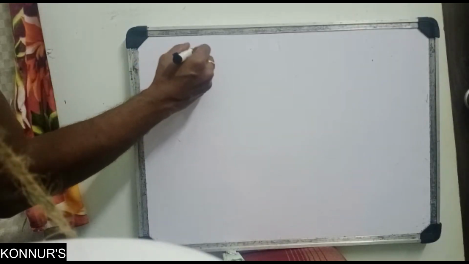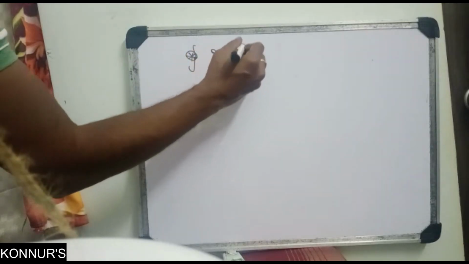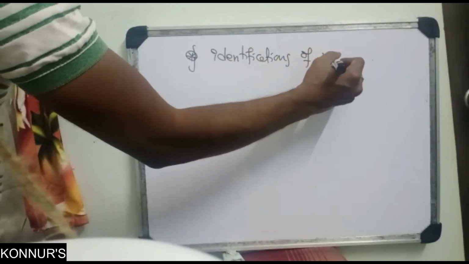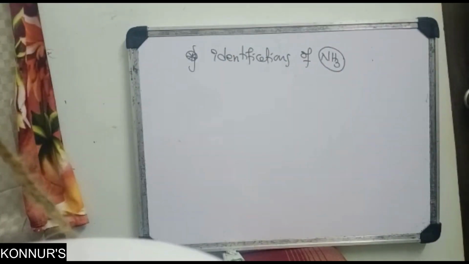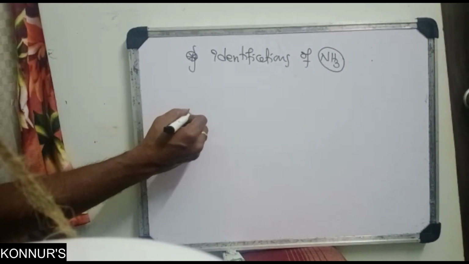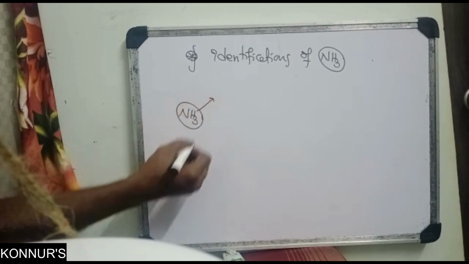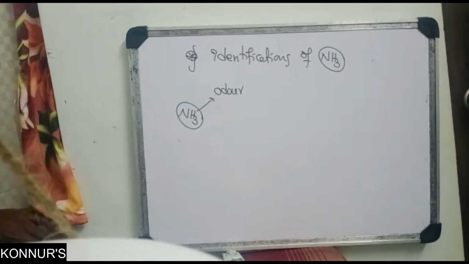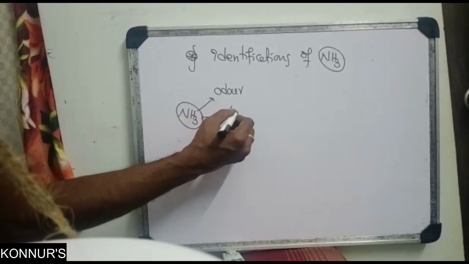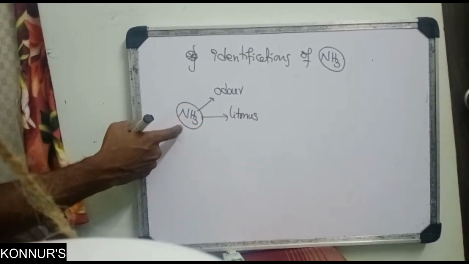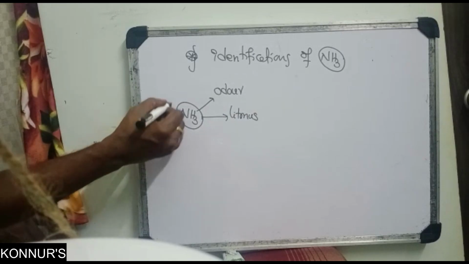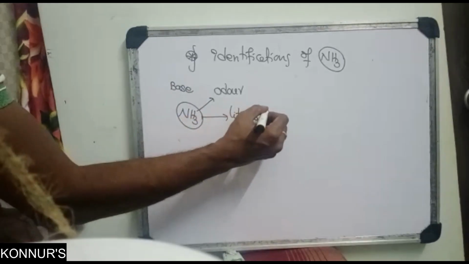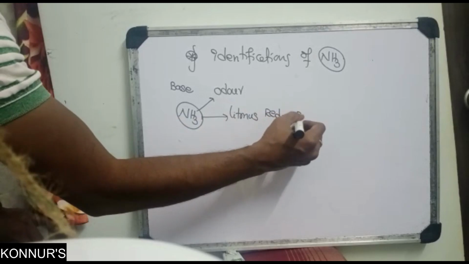Next, one important point is the identification of ammonia. See, identification of ammonia is important. Ammonia gives fumes and an odor, the ammonia smell. By the smell also you can identify it. Next, litmus. See, this is a base. So base means what it will do? Red litmus paper becomes blue litmus.